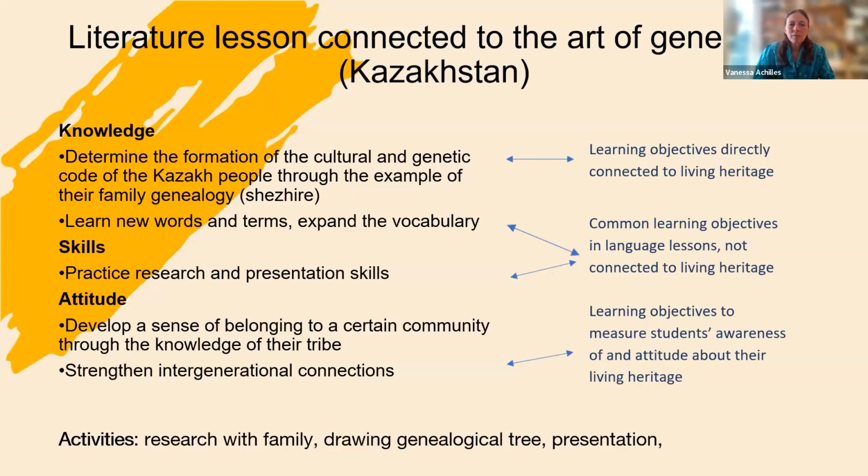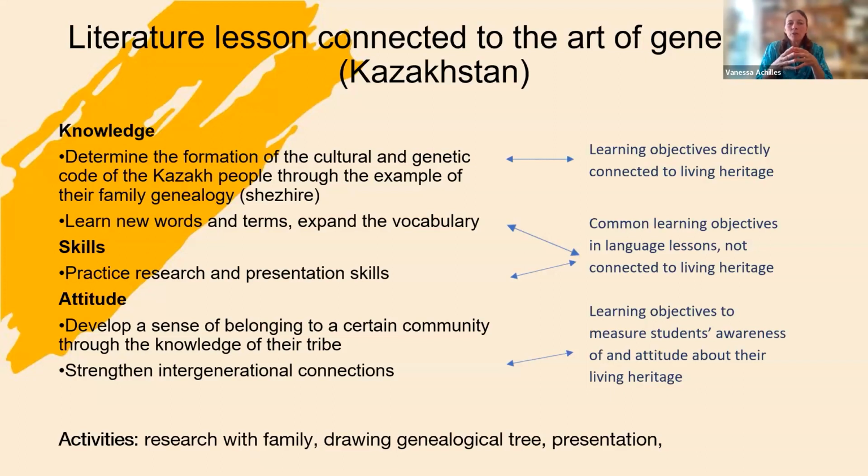For instance, here, the way the learning objectives were defined was that the students had to determine the formation of the cultural and genetic code of the Kazakh people. So they were using their family genealogy to explain which clans they were and to which group they belonged. And so, as you can see, this is a learning objective that is directly connected to living heritage, and it was done through research.